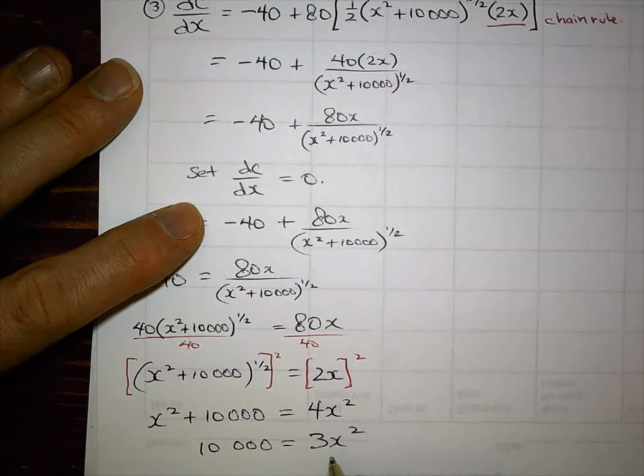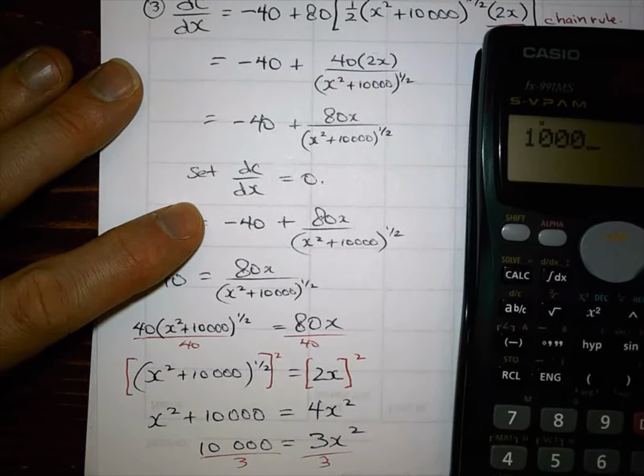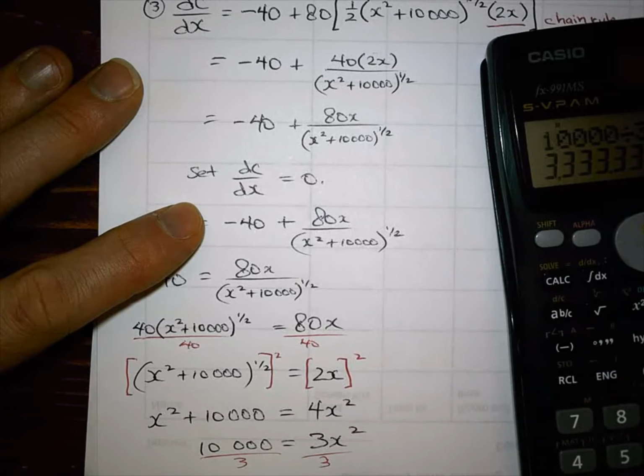Then I divide both sides by 3, so I get x squared equals 10,000 divided by 3, and I take the square root of that and get plus or minus 57.735.